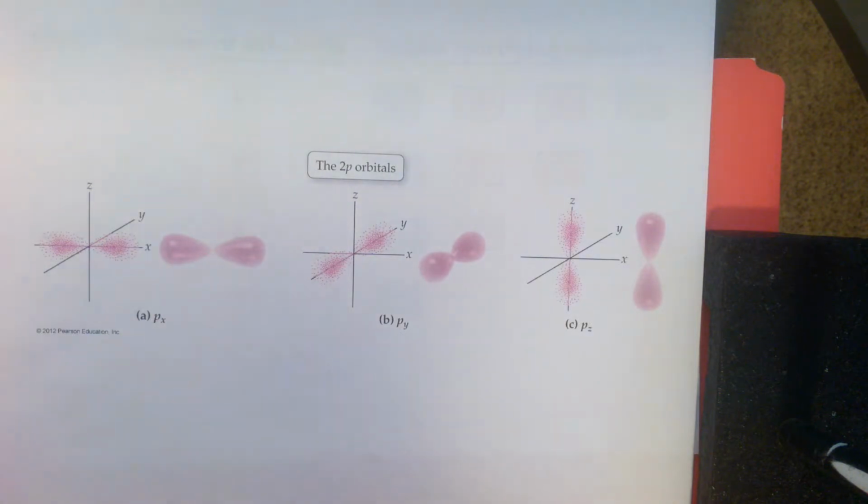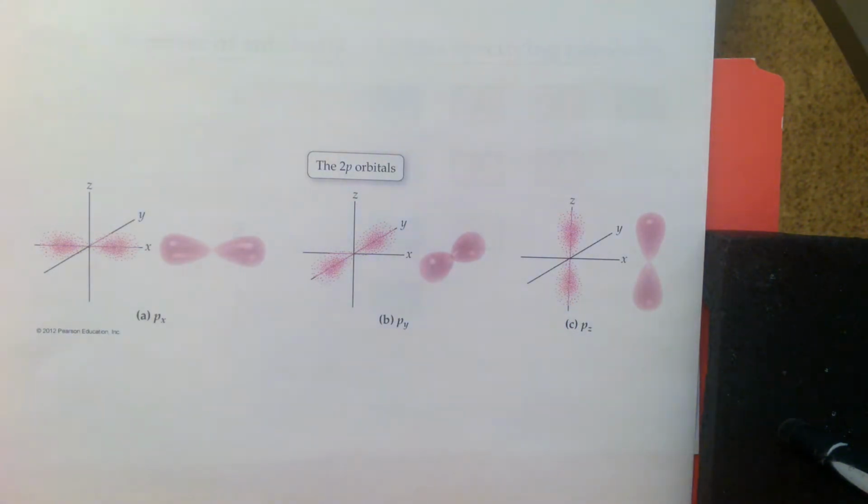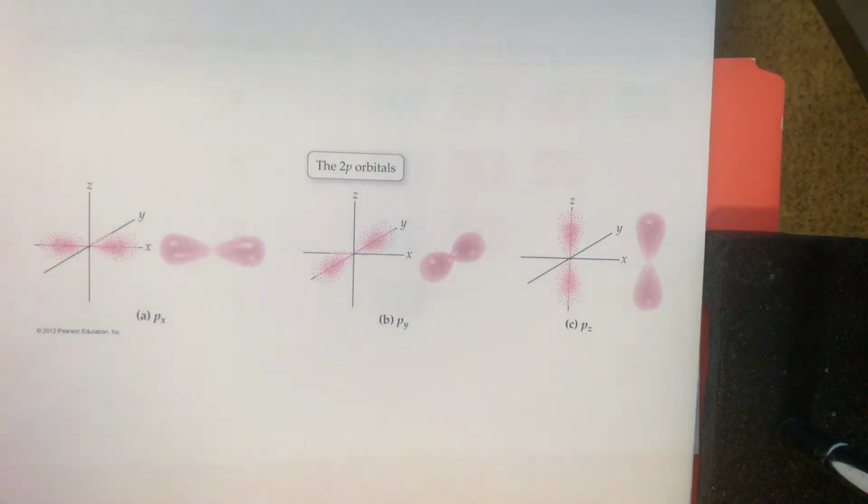Some people describe them as dumbbell shaped, but I like to look at them as bow ties. And notice that there are 3 different orientations of those p orbitals.